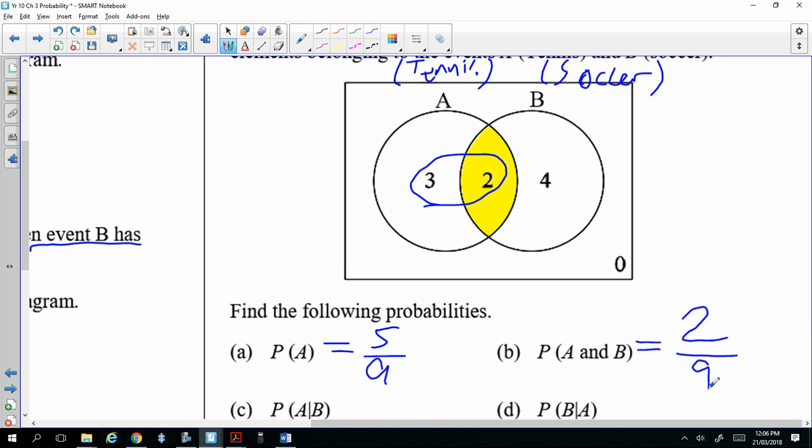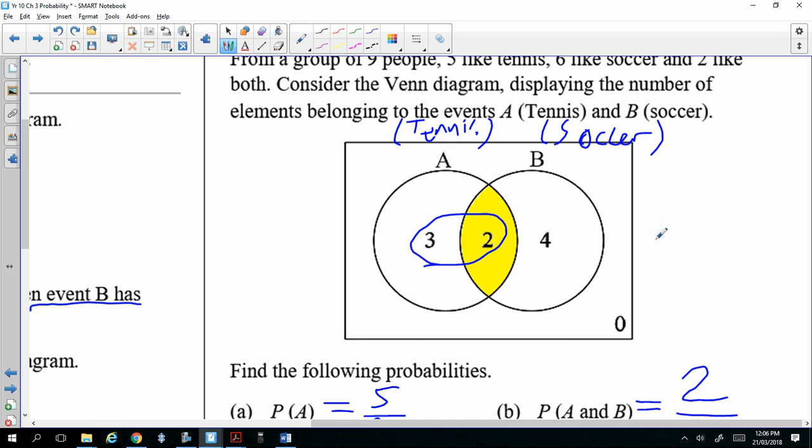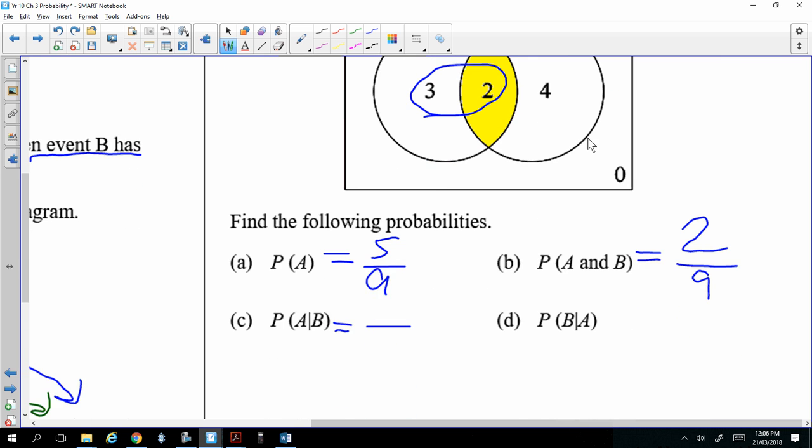Now let's do the conditional probability. We're going to do it in 2 ways. Using the common sense way, find the probability of A given B has happened. So given that person plays soccer, what's the chance he also plays tennis?